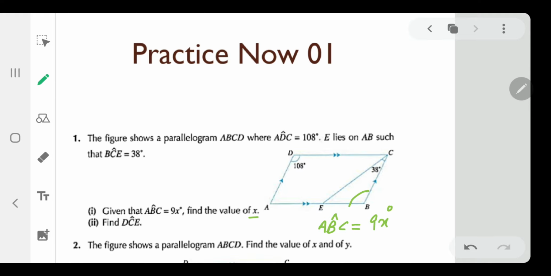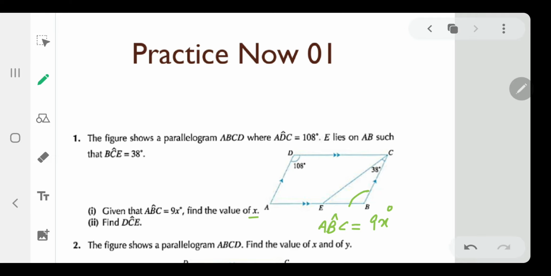Here, first we must know what this angle ABC is. So we have studied in the previous slide that there is a special property of parallelogram, which is that opposite angles are equal, which means that this angle ABC is equal to ADC, right?